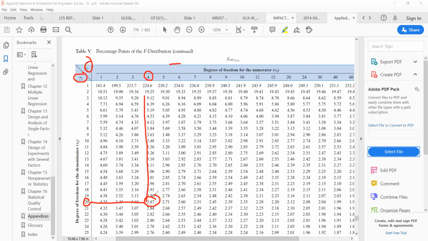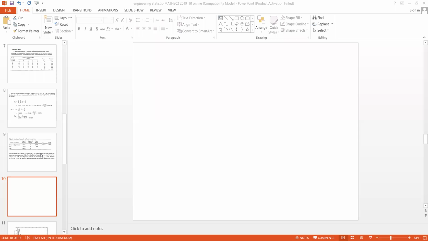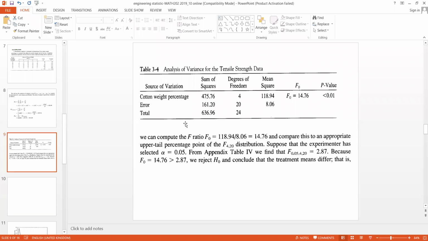2.87. So our critical value is 2.87. Okay, so let's go back. So what we are saying here is our critical value is 2.87.